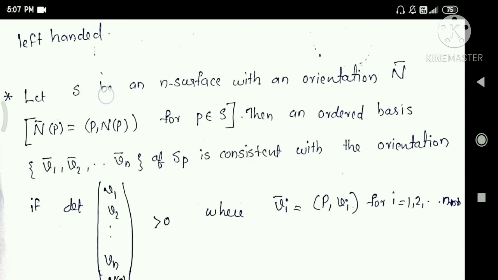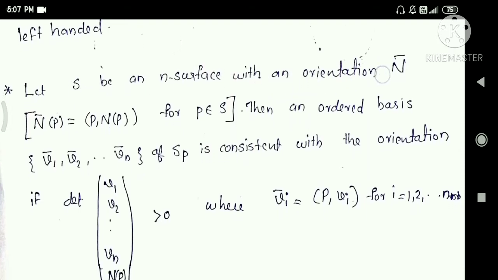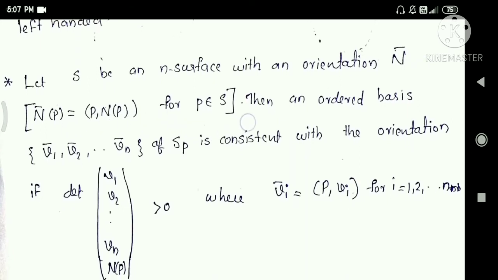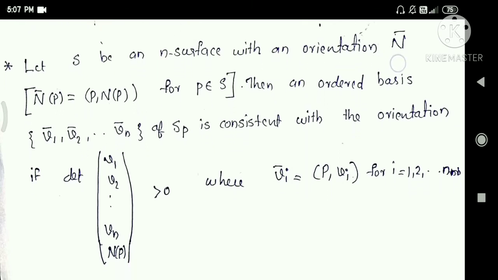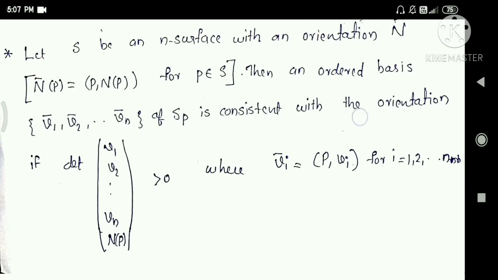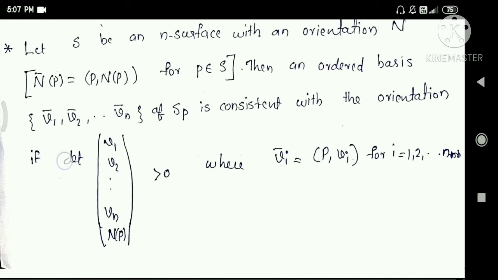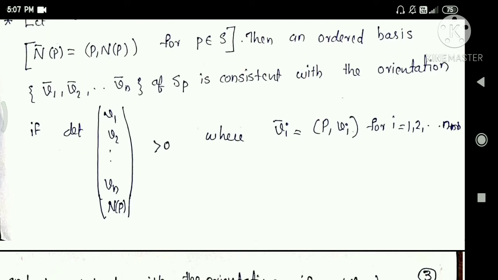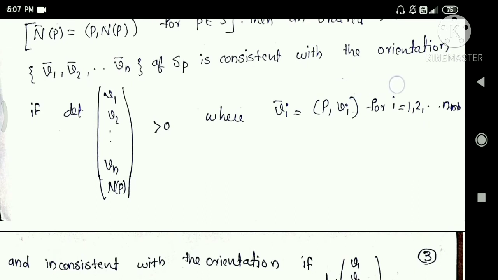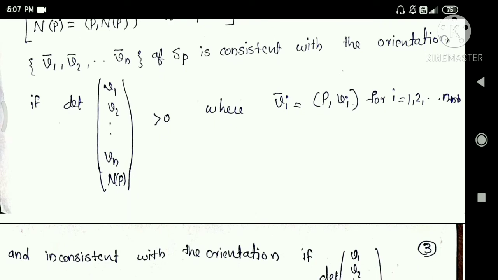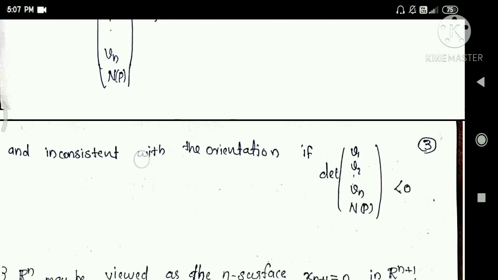For that, let S be an n-surface with an orientation N, where N of P equal to Pn of P for P belonging to S. Then an ordered basis V1, V2, etc., Vn of SP is consistent with the orientation if the determinant of V1, V2, etc., Vn, N of P is greater than 0, where vi equal to pvi for I equal to 1 to n. And if this determinant is negative, then we say that the ordered basis is inconsistent with the orientation.